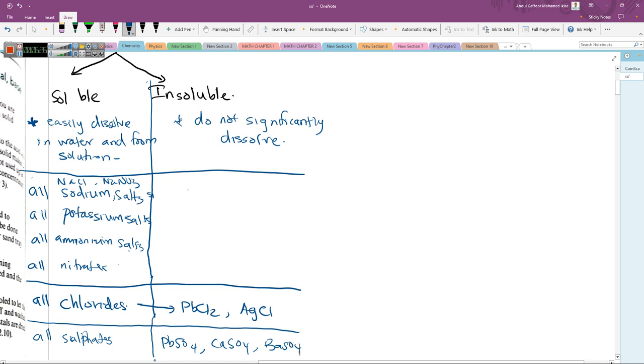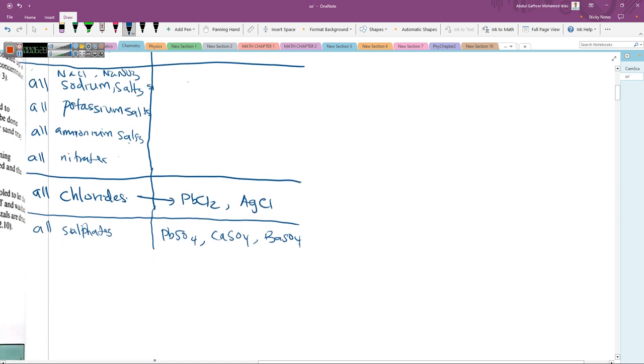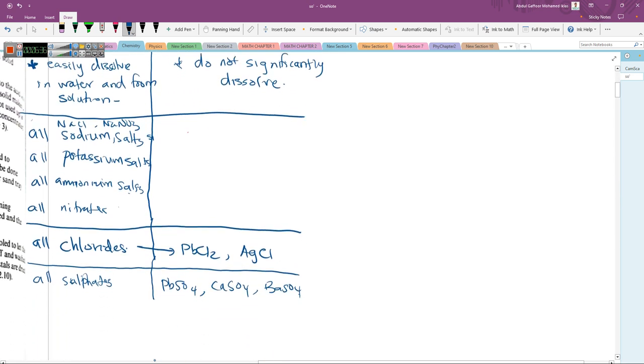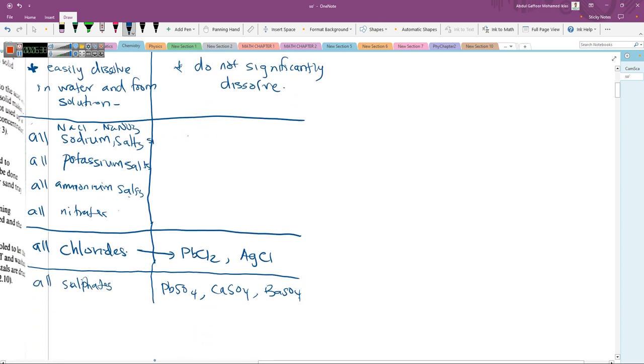You should remember this chart. Even though it will not help right now, when you go to the higher grades it will definitely be helpful for you, so you better remember this table. Now again we will look at another category of soluble and insoluble salts.